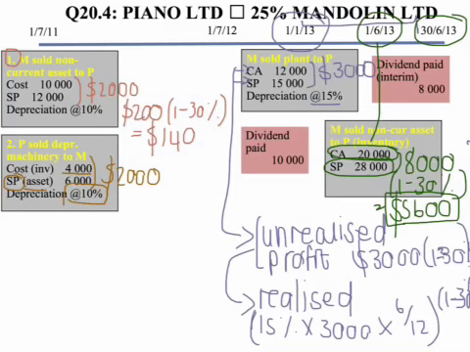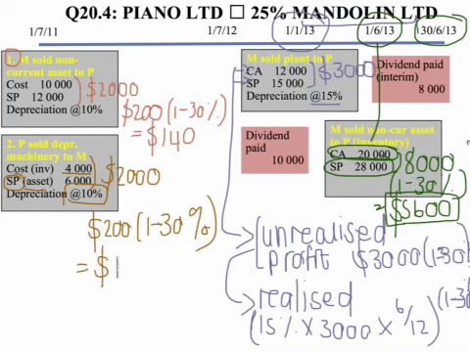What affects us in the current year is the depreciation charge on that. So the depreciation is $200 a year, and after tax it's an amount of $140. Once again, through using the asset, and as it is reflected in the depreciation rate, we're realizing the profit on that inter-entity transaction.